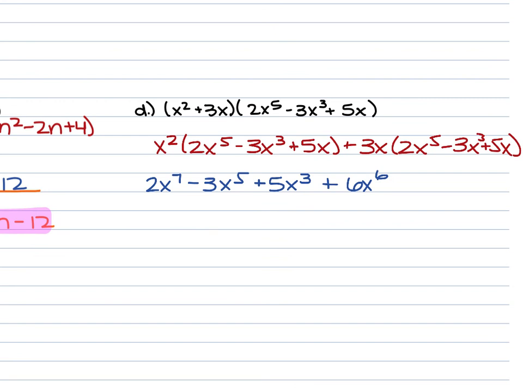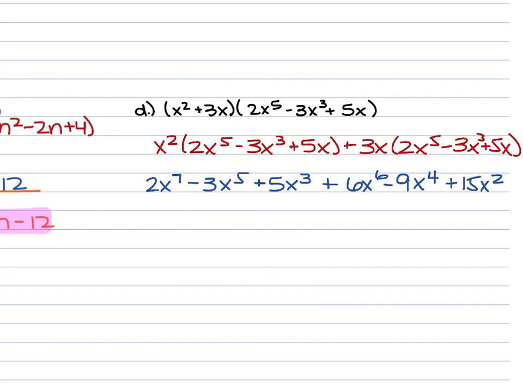Then we have 3x times negative 3x to the 3rd power. That's going to give us a negative 9x to the 4th power. Again, not a like term, so I'm going to just write it right after that. And then 3x times 5x is going to give us 15x squared. Again, not a like term anywhere, so I'm just going to write it right after.